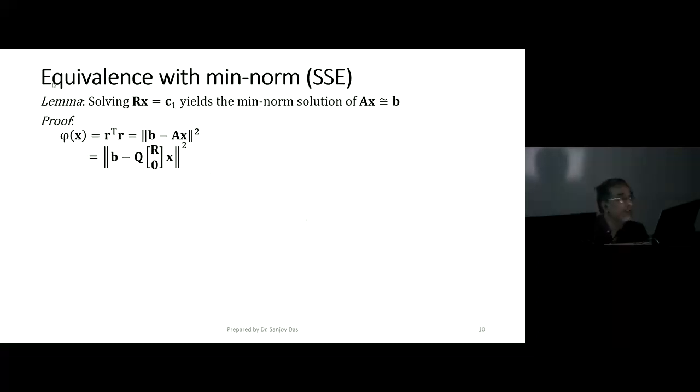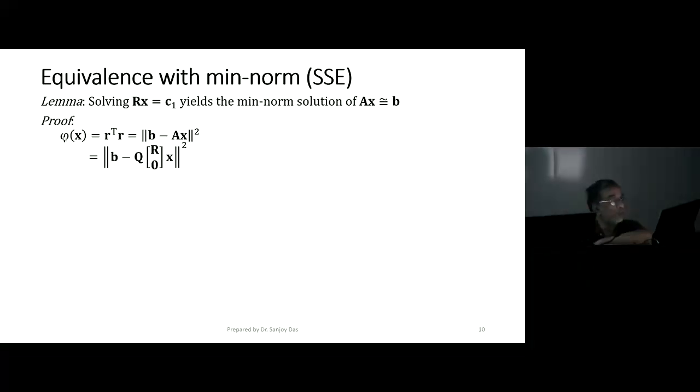Okay, so this is the lemma: solving Rx equals C1 yields the min norm solution of Ax approximately equal to B. Okay, so we'll prove it formally. And where do we get this Rx equals C1 from? R is the reduced QR decomposition factor of A. C1 is Q transpose B. Correct?